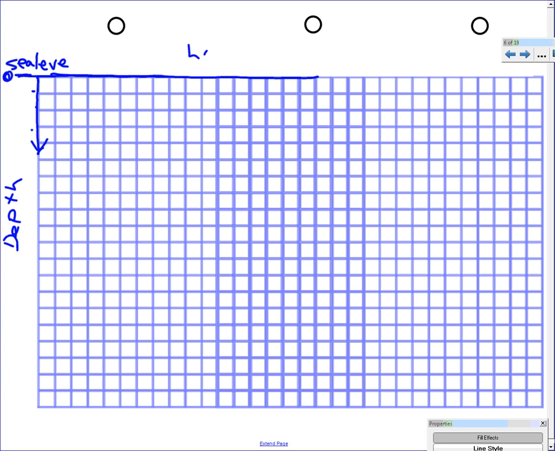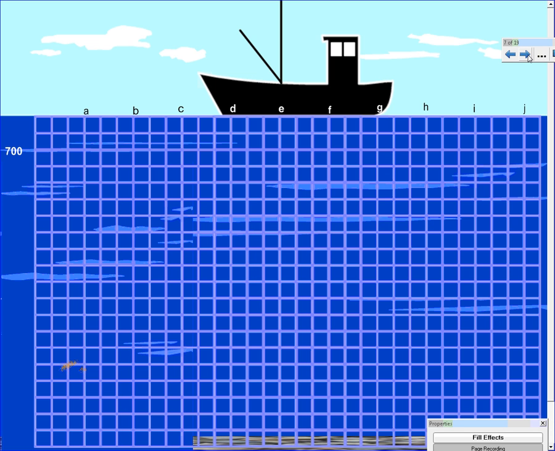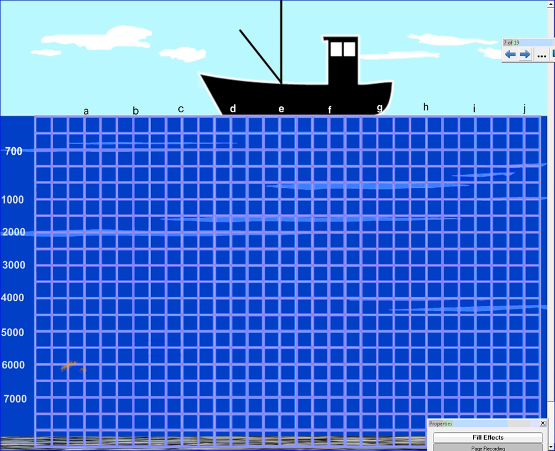These are going to be your locations. If you want to draw yourself a little boat here, that's perfectly fine. So what's all of this graph area considered? The ocean. That's the water. So inevitably, you're ending up with something like this. You have your locations, and then you have your plotted depths.